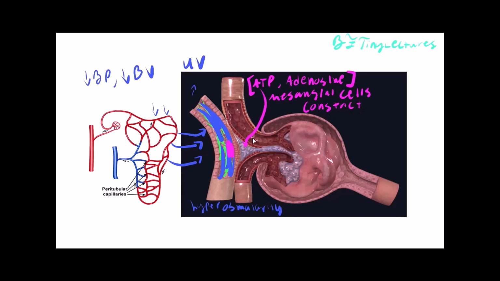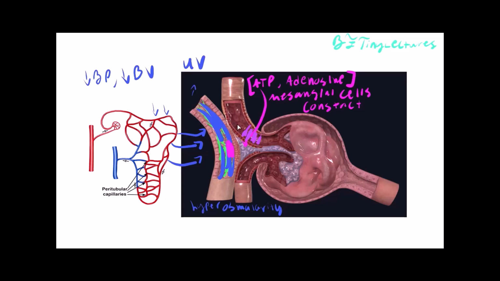So now, when these mesangial cells constrict, they will decrease the diameter of the afferent arteriole. So they will push this wall right here closer to this wall, and that narrows the afferent arteriole.